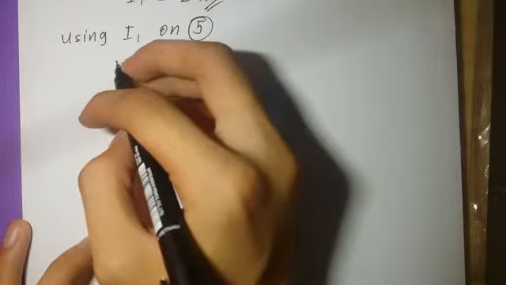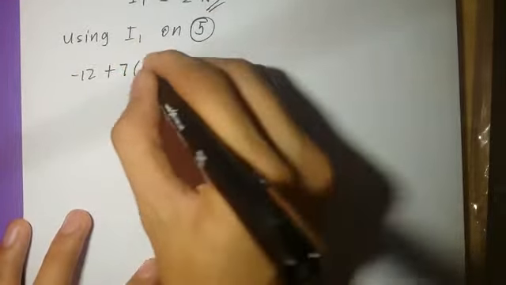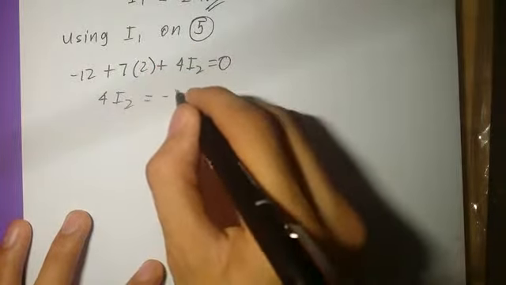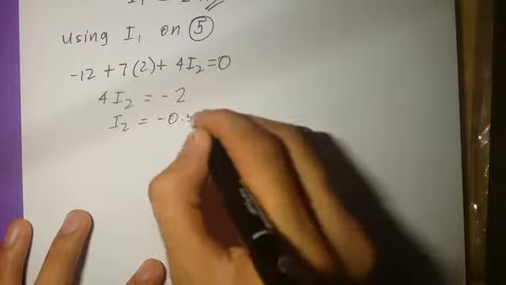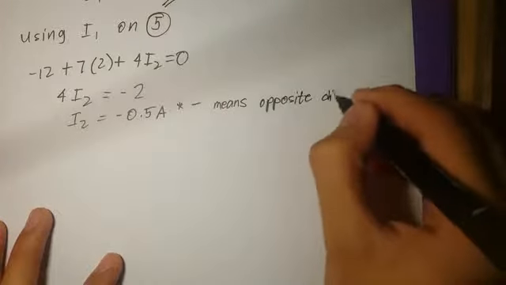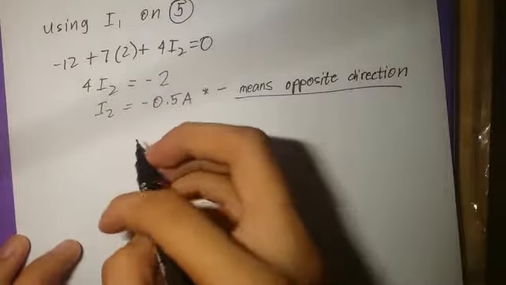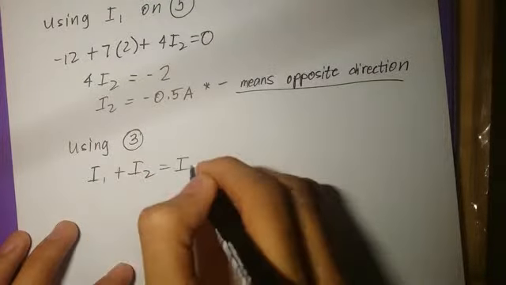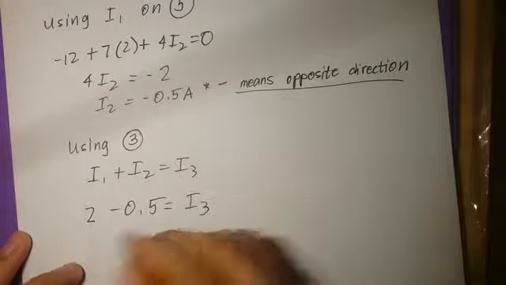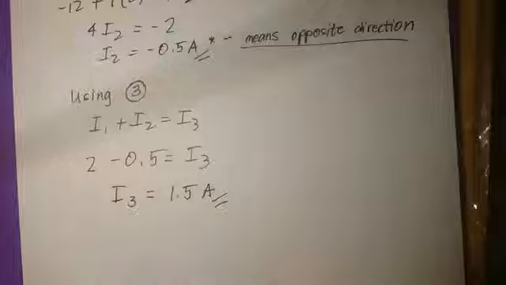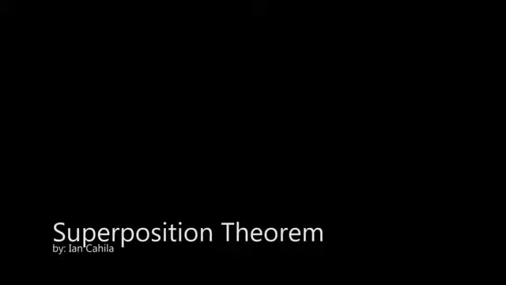Now using the value of I1 on our equation, we can get I2. And I2 is equal to negative 0.5 amperes. Note that the negative means that our assumption needs to be in the opposite direction. Now using the third equation, our current law, I1 plus I2 equals I3, we now have I1 and I2. Now we can get I3, which is 1.5 amperes.